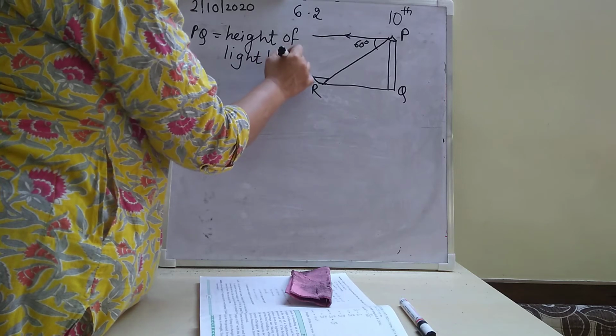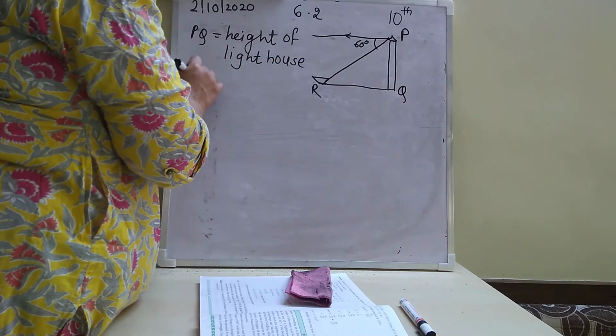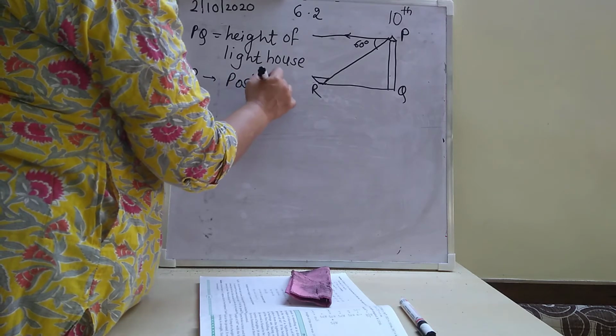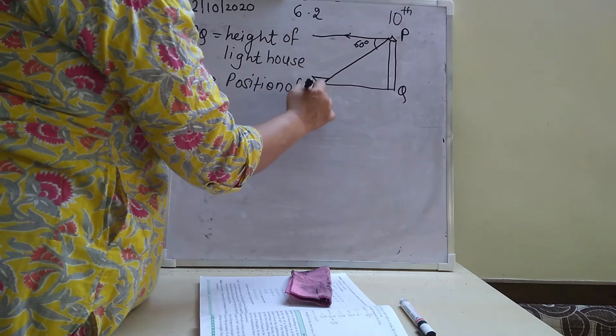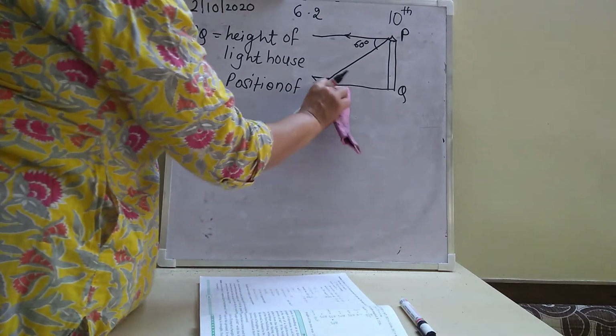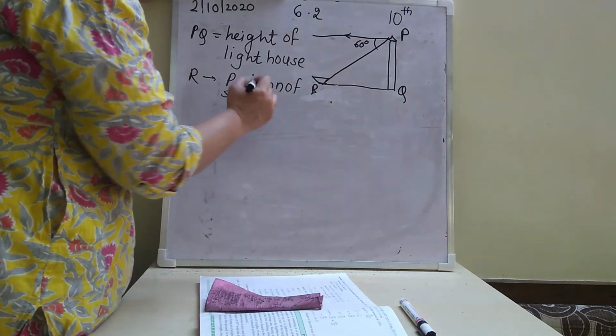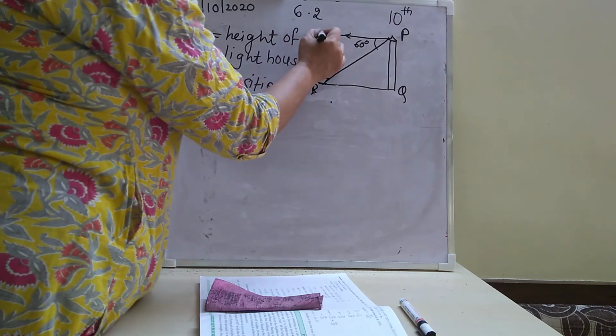What is R? Position of the ship. Now what is happening? You can name here something.